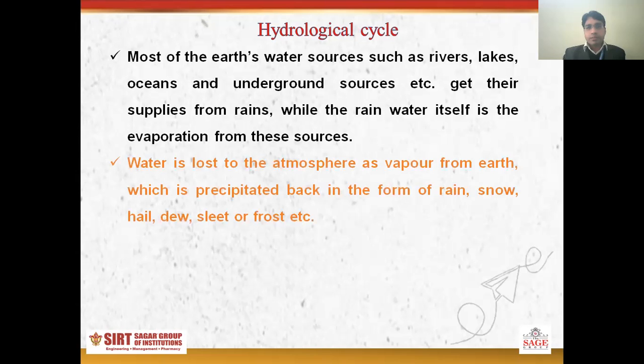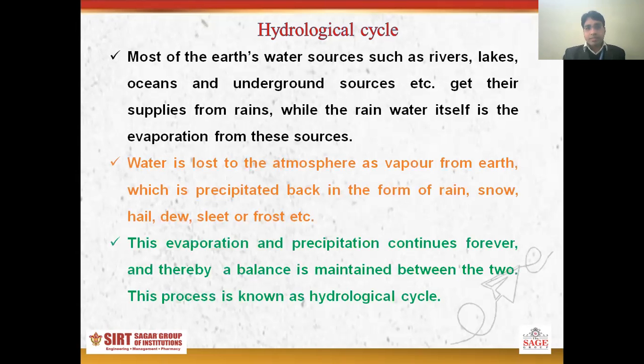So water is lost to the atmosphere as vapor from the earth, which is precipitated back in the form of rain, snow, hail, dew, sleet, frost, etc. This evaporation and precipitation continue forever, and thereby a balance is maintained between these two. This process is known as the hydrological cycle.